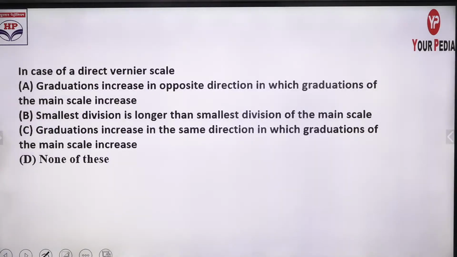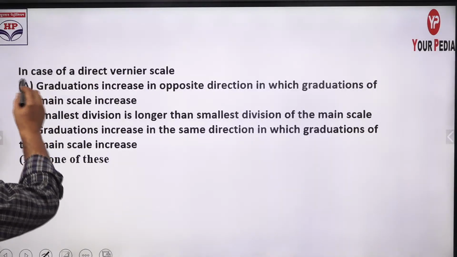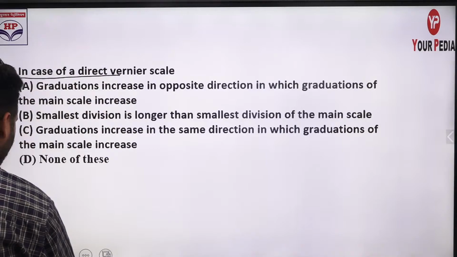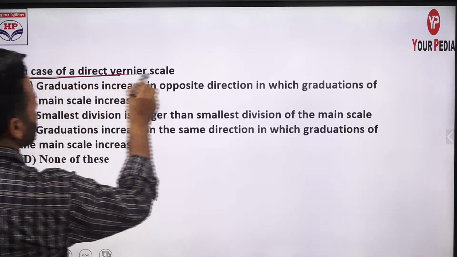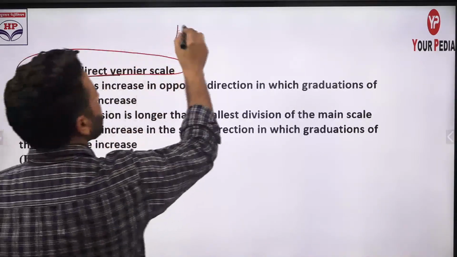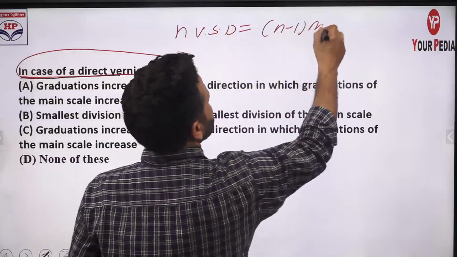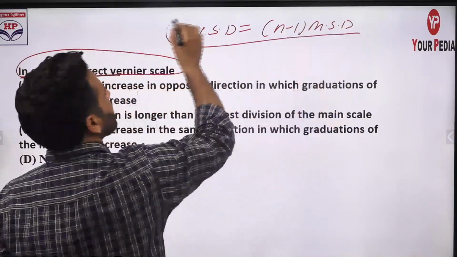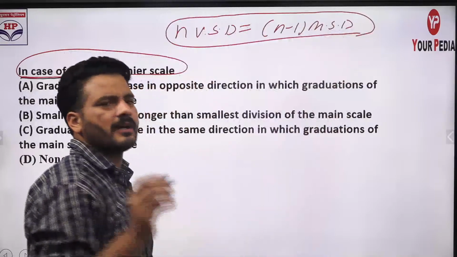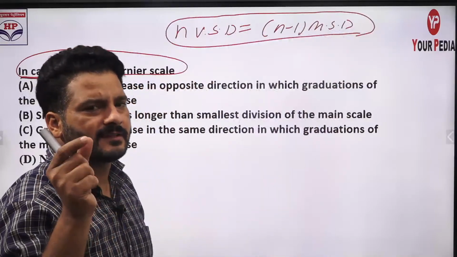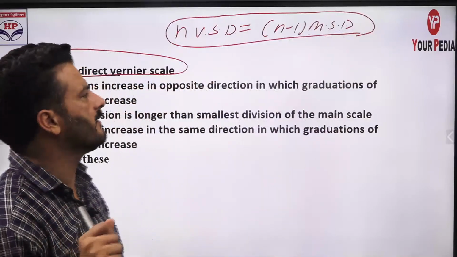Okay, next question. In the case of a direct vernier scale, n vernier scale divisions equal n minus 1 main scale divisions, meaning the gap between the vernier scale divisions is less as compared to the main scale division.